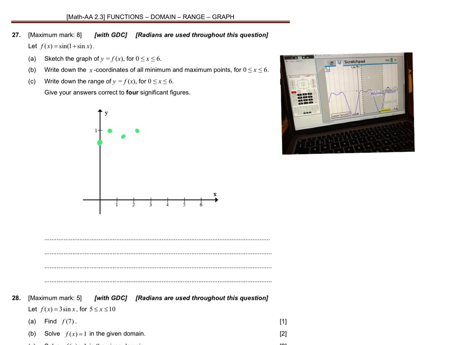Label it. 4.710, so there. And I should have done this with the graph trace, but we need it at the end 0.6. So 0.65660, about there.